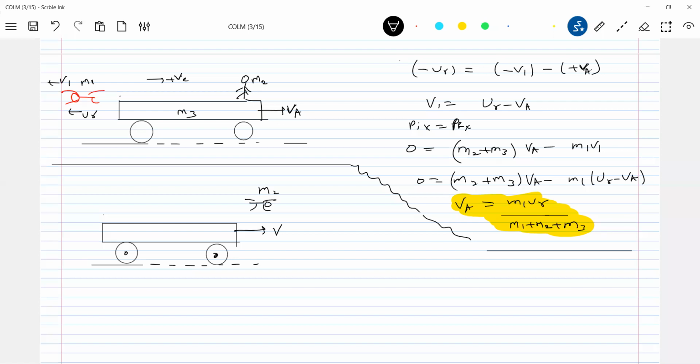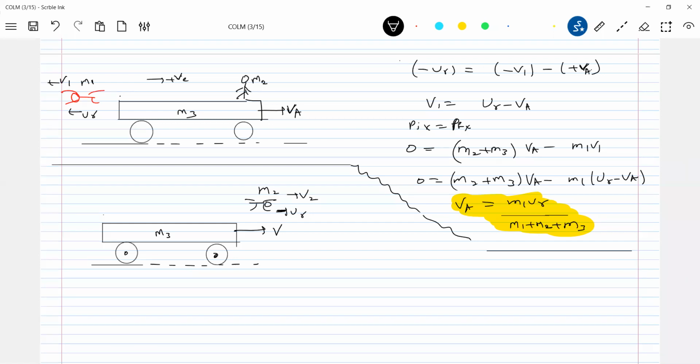Mass is m2, its velocity is UR. Let V2 be the velocity. So the trolley should recoil back. If I get V negative, I'll change the direction. Getting the method? Let's assume towards right. I'll solve the problem, and if I get negative, I'll change the direction.